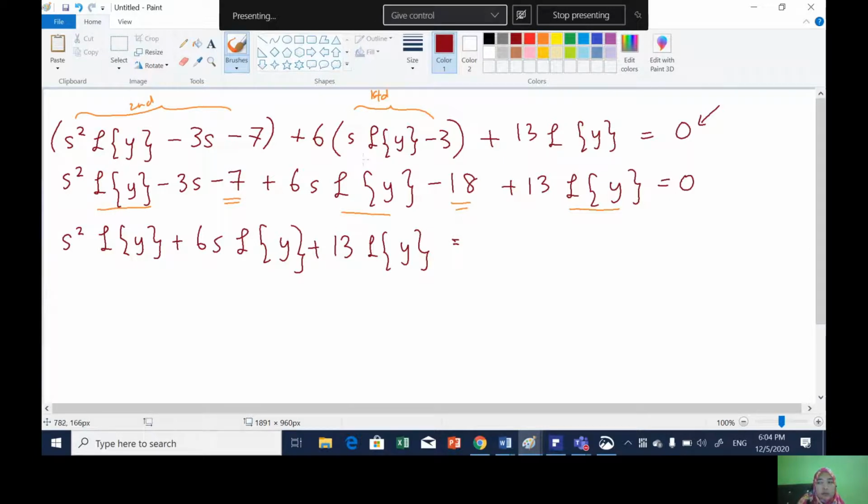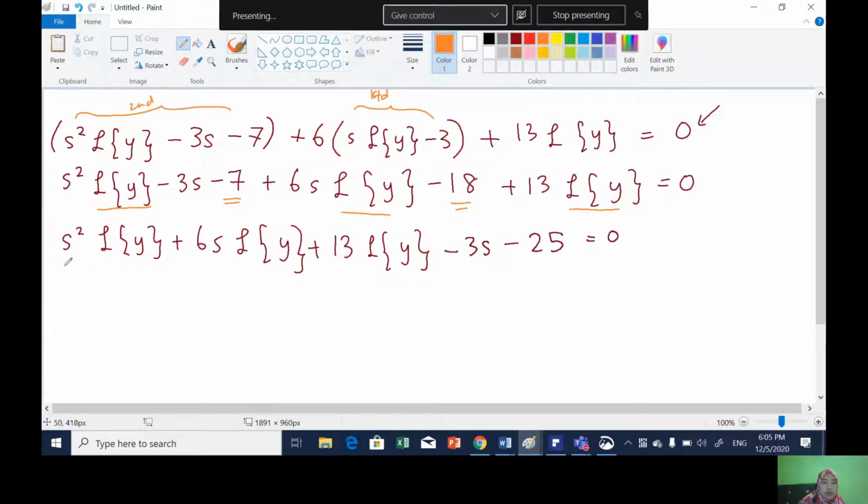I'm going to write down one by one so that you can see: minus 3s minus 25 equal to 0.